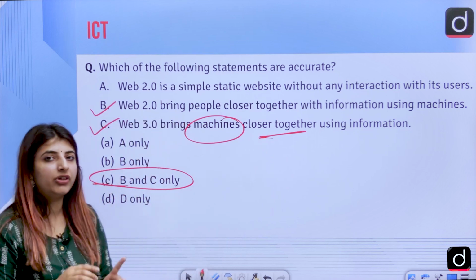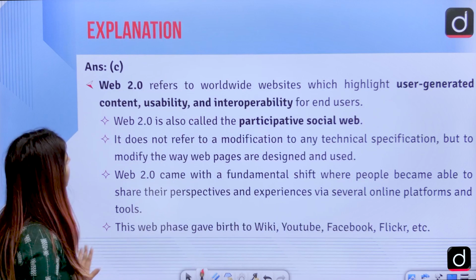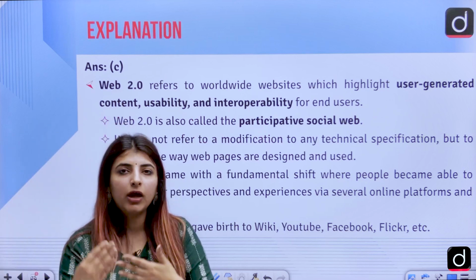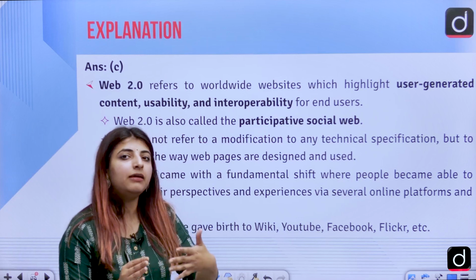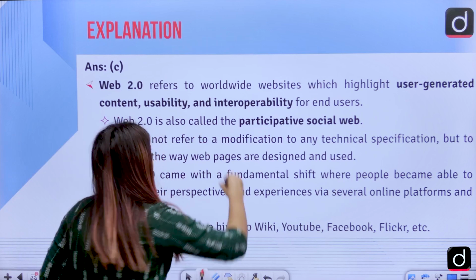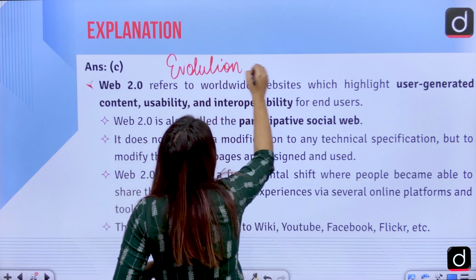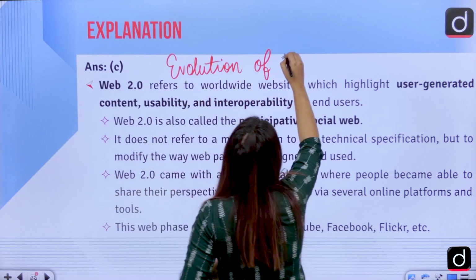We'll see these things through the usage of an example. First of all, let me just tell you what is Web 1.0, 2.0, 3.0. It is nothing but the evolution of the internet from the beginning.